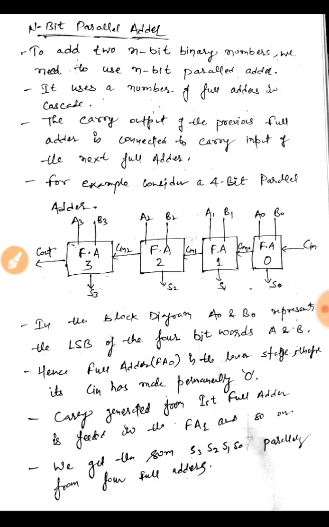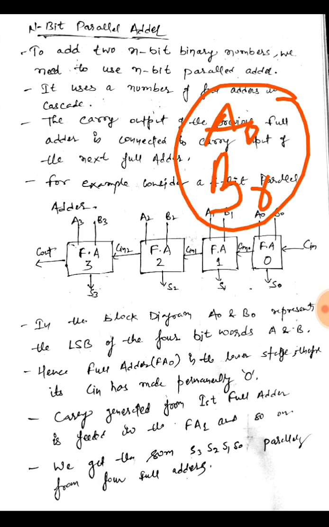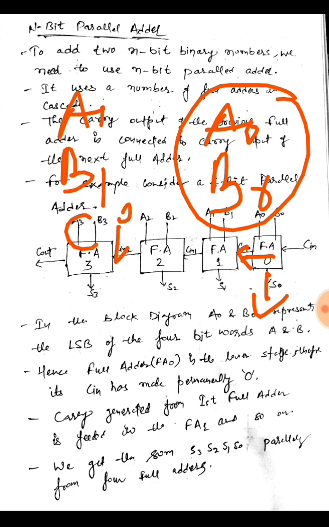So it will add 2 bits at a time, that is A0 and B0 would be added first, and the sum would come out of this first full adder, and the carry generated from this first full adder would be given to the second full adder, which will add A1, B1 and this carry generated. So the second full adder would give me the second sum bit, that is S1, and the carry generated again will be fed to the next full adder.